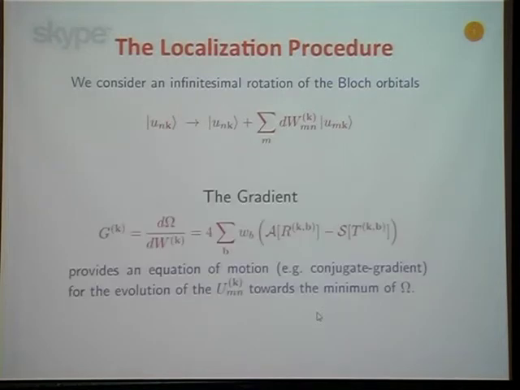And so what I'm asking myself is, what is the change in the functional omega if I perform an infinitesimal rotation of the orbitals? And so the derivative of omega with respect to W, where W is antisymmetric, is the change in the functional. So it's the gradient of the localization functional.